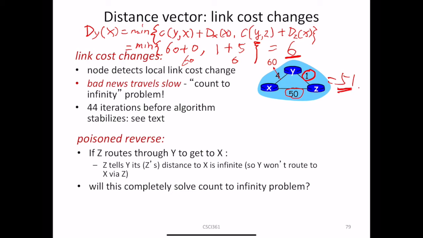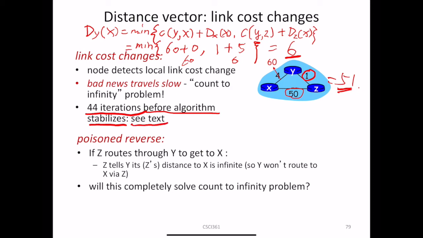So this kind of wrong bouncing will continue for 44 iterations before the algorithm stabilizes. If you are very interested in how they bounce for 44 iterations, you can check the textbook.